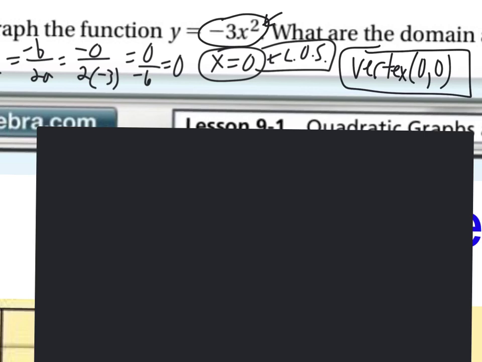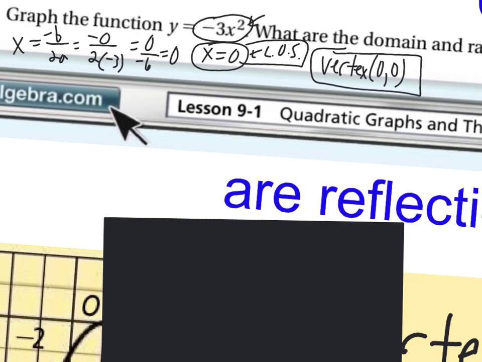So now we need to find some other points for our graph, so we'll start replacing x with some different values and see what happens. There's no fraction here, so 1 would probably be my next choice.